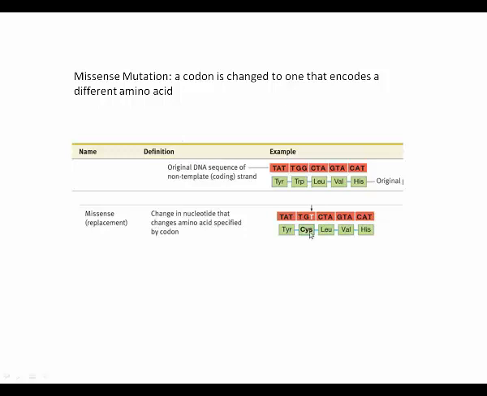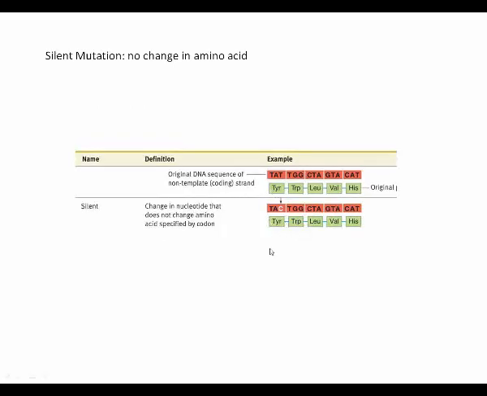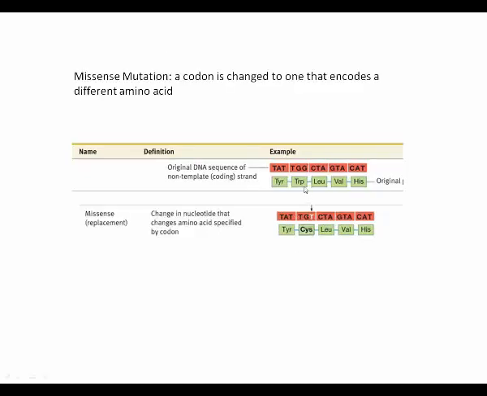This is one that may or may not have a lot of consequence. This one did not, of course, because we didn't change the encoded amino acid, and so the polypeptide folded normally and functions normally. This one can cause a change depending on how large of a change the amino acid change is, and also depending on where the amino acid lies in the protein.